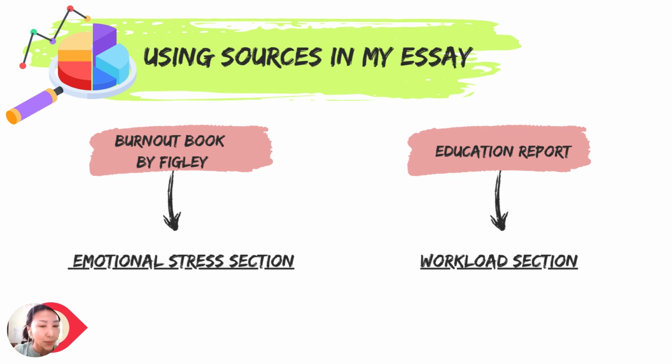For example, in paragraph 4, which discusses compassion fatigue, I use Figley 2002 because it directly references the emotional exhaustion teachers experience when caring for children, adding depth and context to this particular cause of stress.